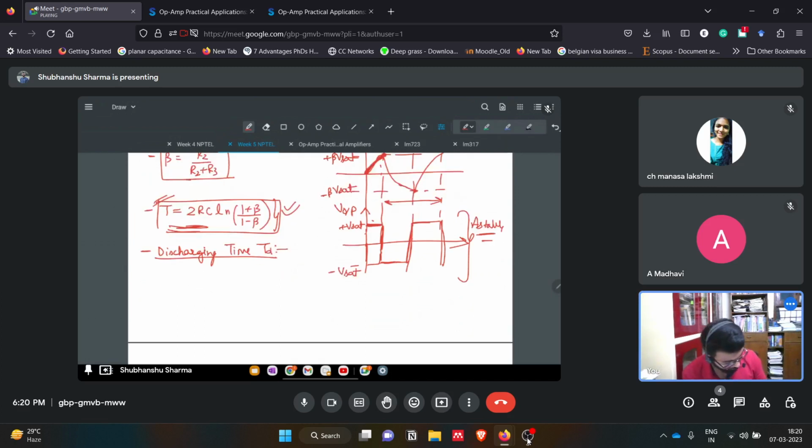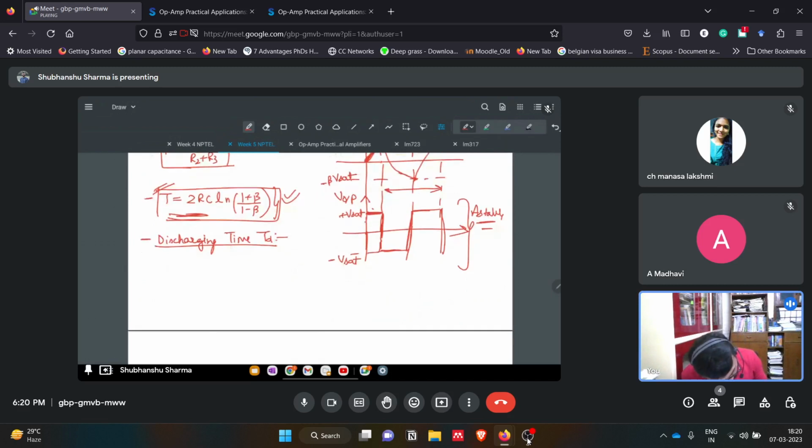We know the voltage equation for a capacitor: the voltage across the capacitor is equal to the final voltage of the capacitor plus (V final minus V initial) into e to the power minus t by RC.